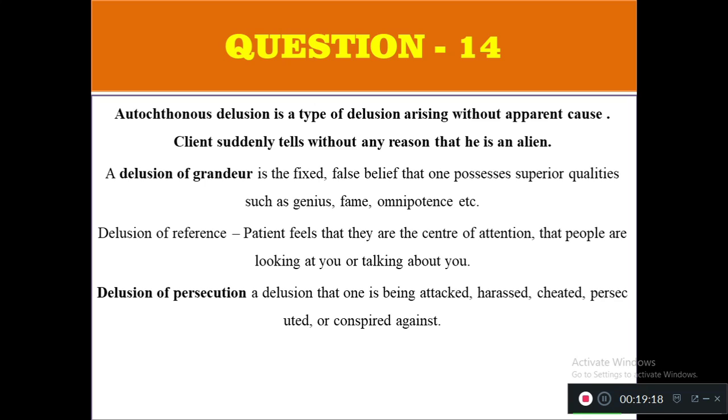Delusion of persecution: a delusion that one is being attacked, harassed, cheated, persecuted, and conspired against. So here the patient has delusion of grandiosity.